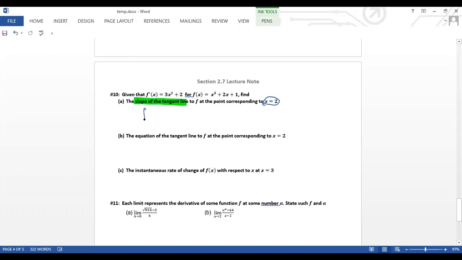It's the derivative, right? So it's f prime x. They want x equal to 2, so what is f prime 2? This is 3 times 2 squared plus 2. So what is this? This will be 14, right? Okay.